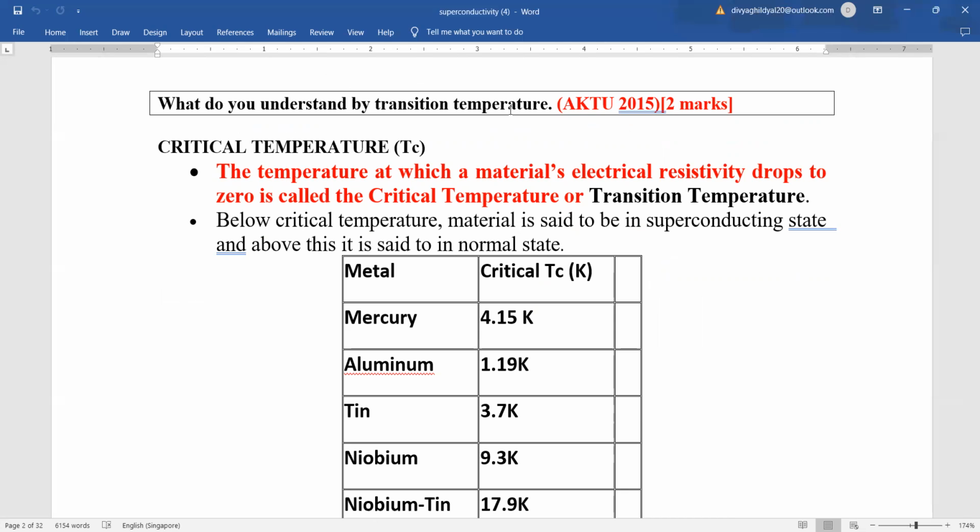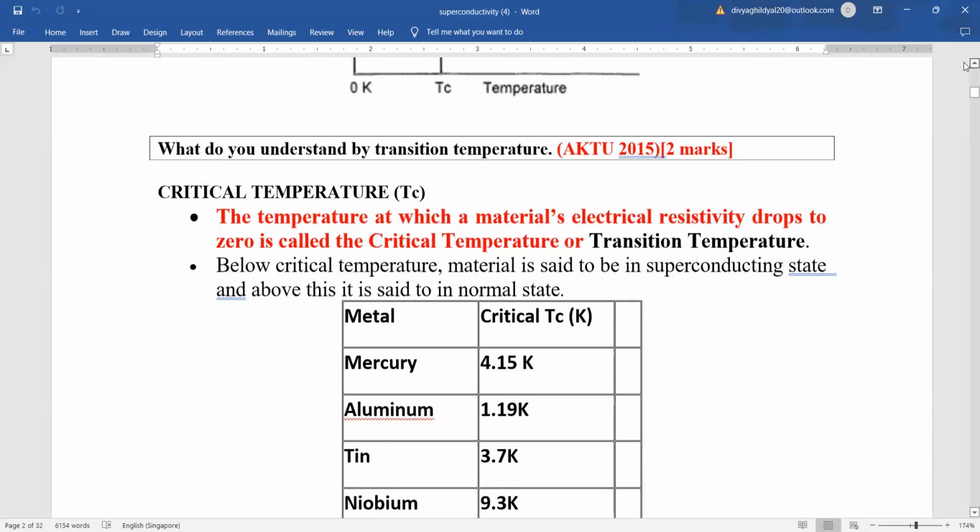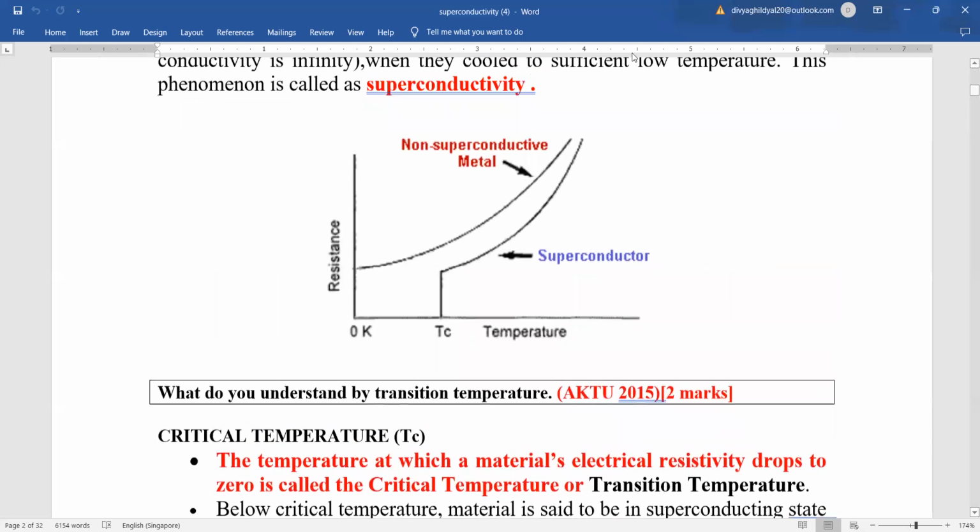Terms like critical temperature and transition temperature basically mean that very point where the transition takes place from one phase to the other. TC is the critical temperature because at this temperature the metal changes to a superconductor, and above this temperature it again behaves in its normal manner.